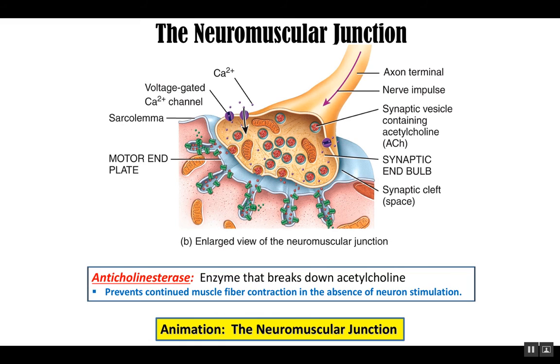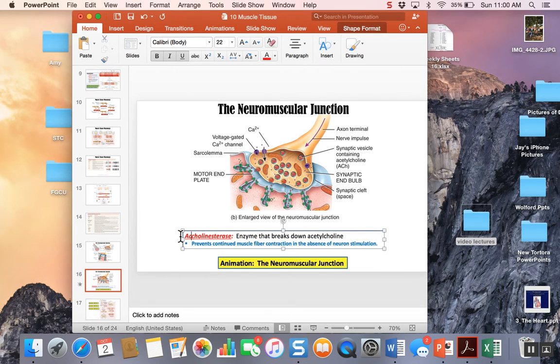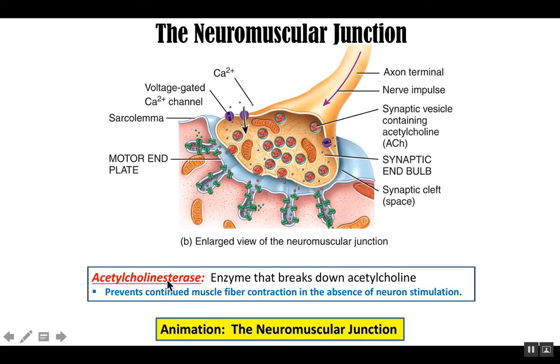Now there's an important enzyme that is used to get rid of the acetylcholine. The enzyme is known as acetylcholinesterase. Acetylcholinesterase removes acetylcholine from the synaptic cleft.